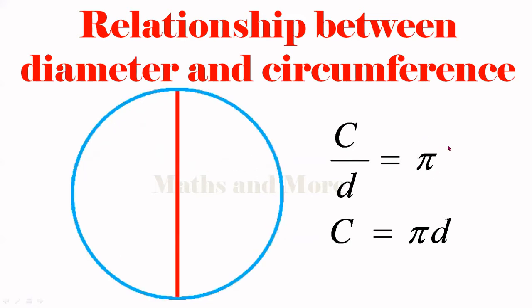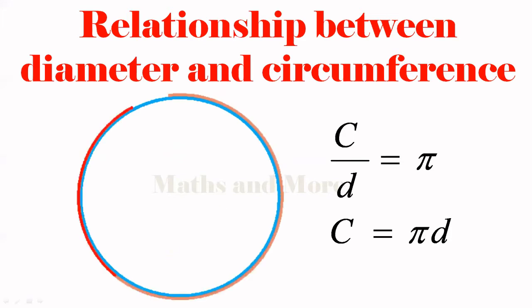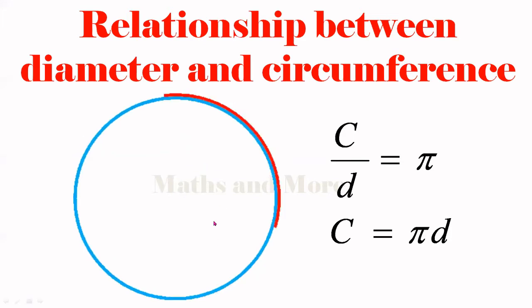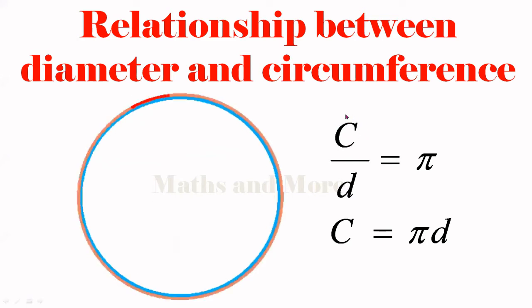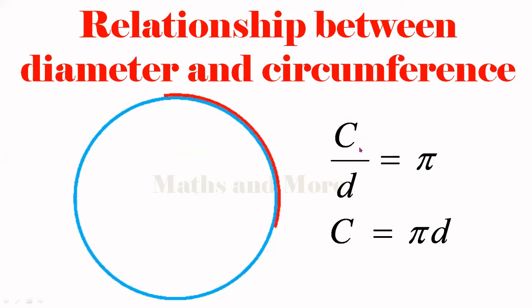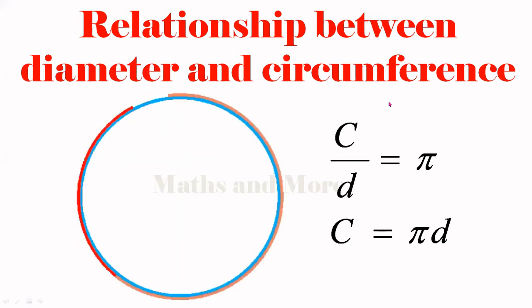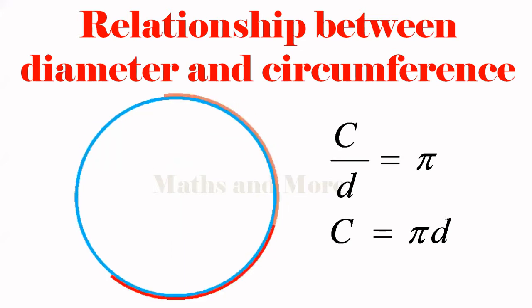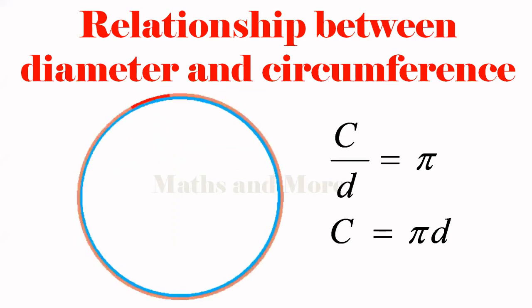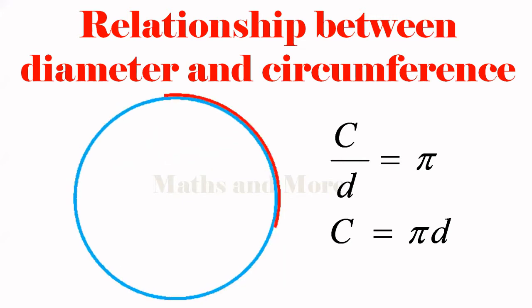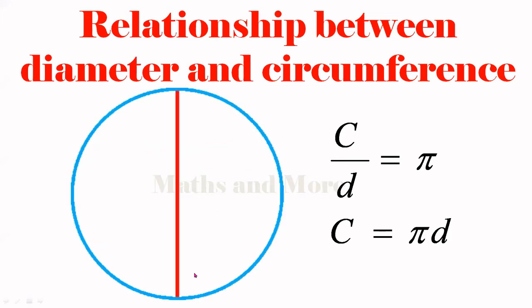If you cut circles of different sizes, and using a thread you measure that circumference and divide it by the diameter, then always you will get the same value. That means circumference divided by diameter is always a constant value, a definite value.